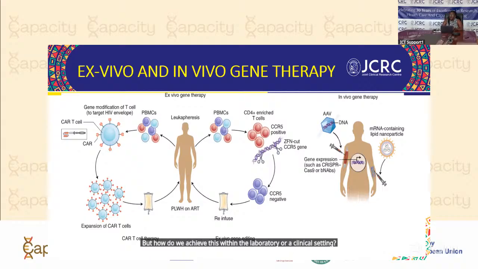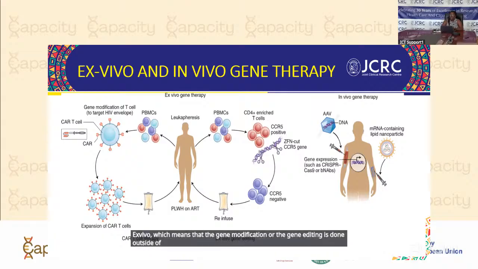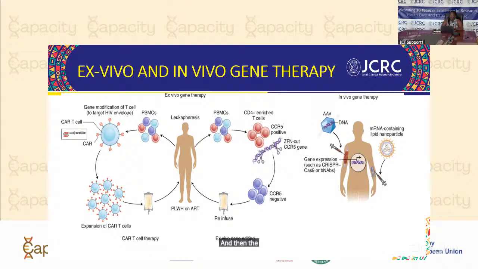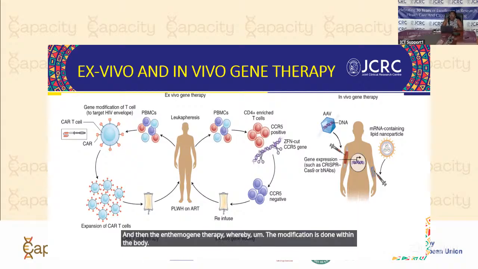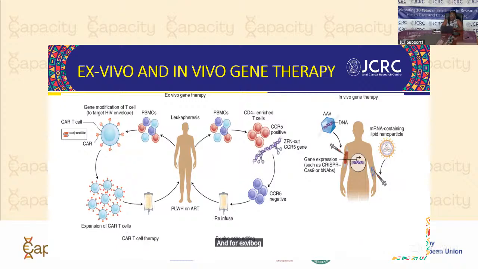So there are two main kinds of gene therapy: ex vivo, which means that the gene modification or the gene editing is done outside of the body, and then the in vivo gene therapy, whereby the modification is done within the body.